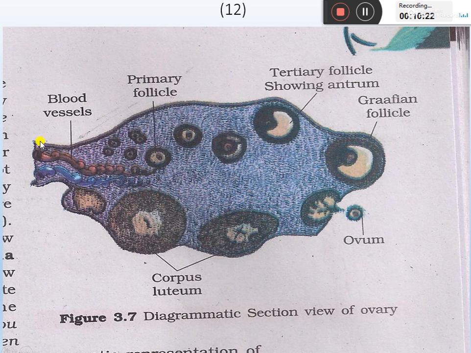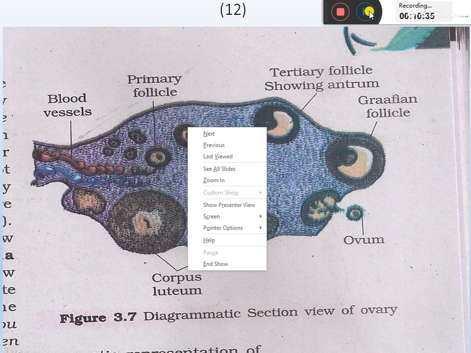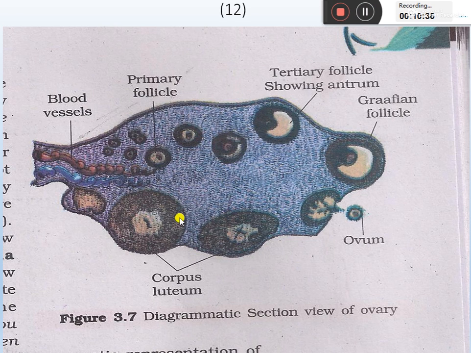This is a sectional view. The outermost layer contains the germinal epithelium, which keeps on producing the primary follicle. This primary follicle develops to form the secondary follicle and then the tertiary follicle, which contains a secondary oocyte.